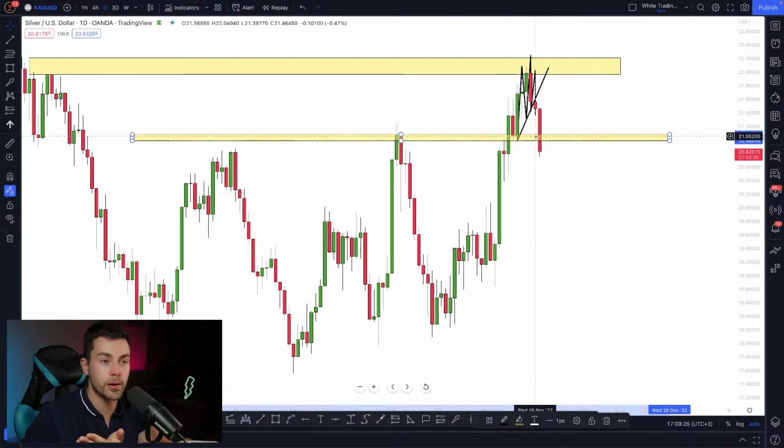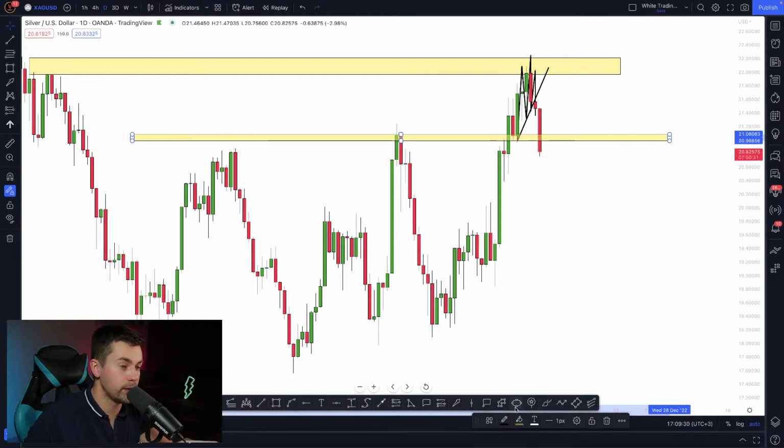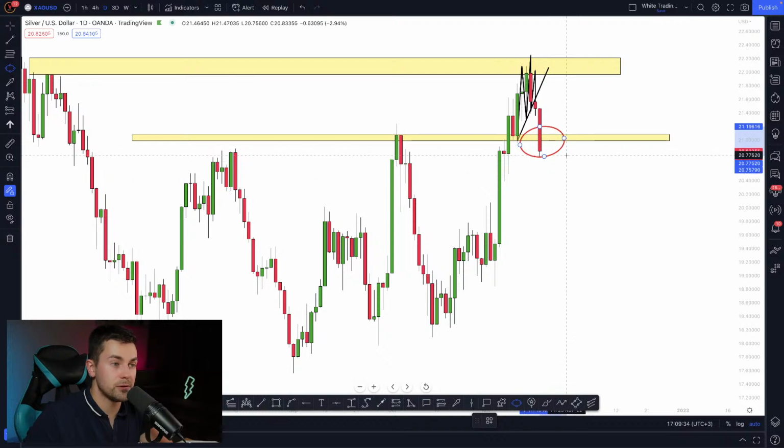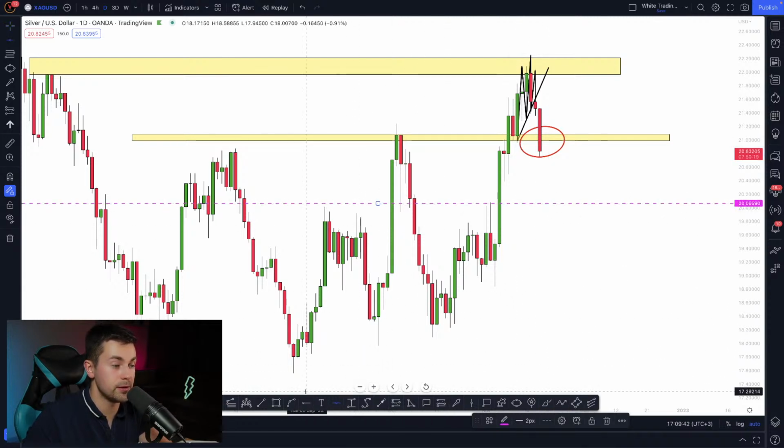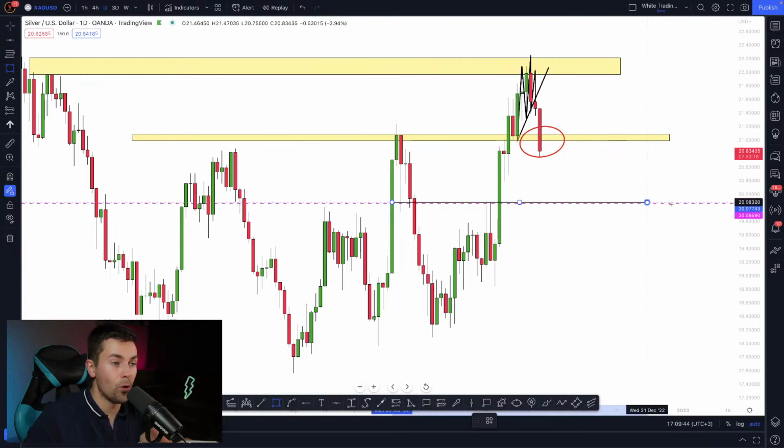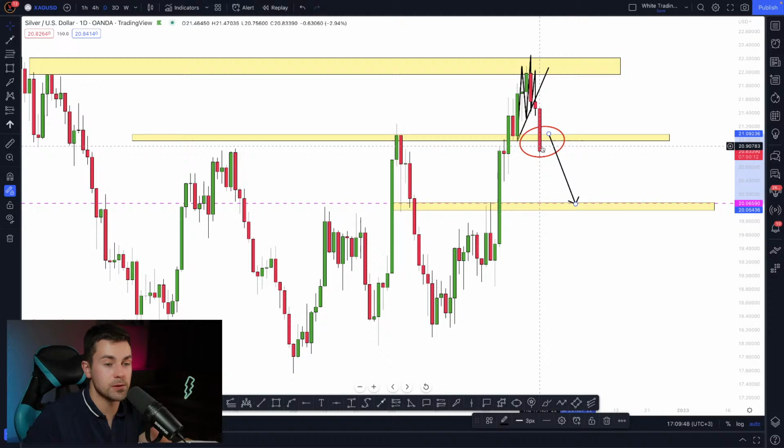Now we see the breakout attempt of that, and if we see a daily candle close below that structure, then most likely the bearish rally will continue on silver, and the next goal for sellers will be that support. So please consider that in your analysis and wait for breakout confirmation.